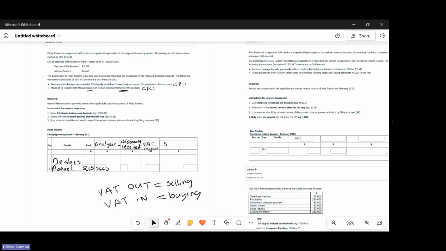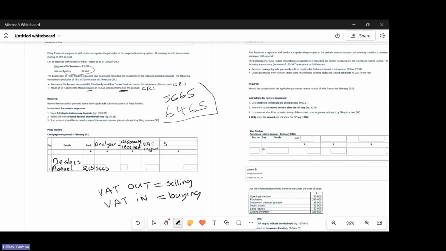And then the other thing that you need to always make sure of, when they tell you that we paid, for example, here they told you that we made an EFT payment to manual dealers for 5,665 in full settlement of the account, but we were owing manual dealers 6,465.